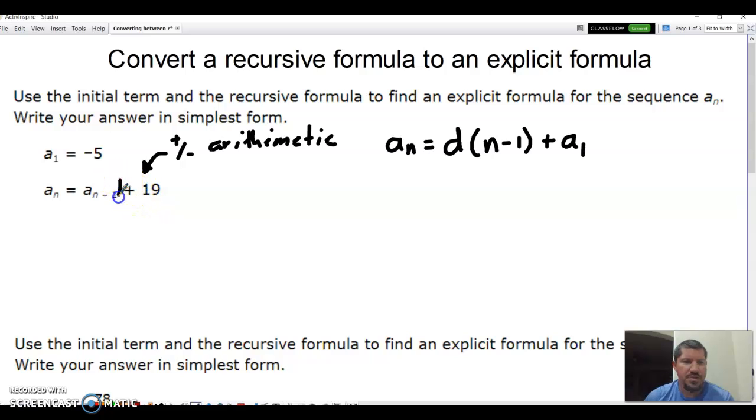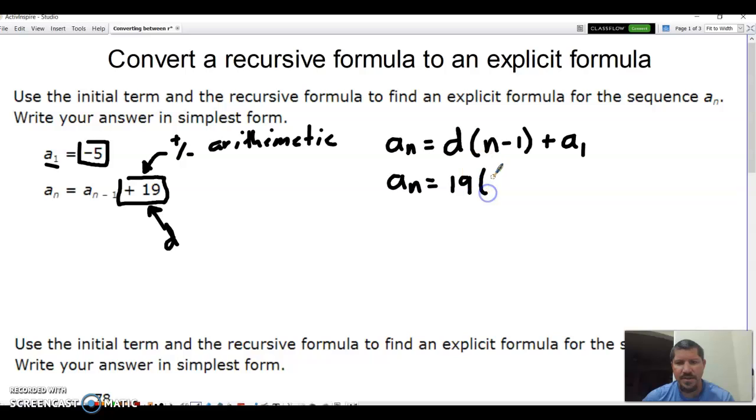So this plus 19 right here, that's d. Obviously a sub 1 in this case is negative 5. So we're going to plug those in. So a sub n equals 19 times n minus 1, and instead of plus negative 5, we'll say minus 5.